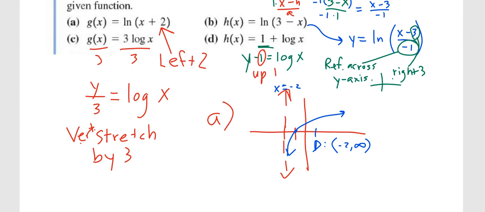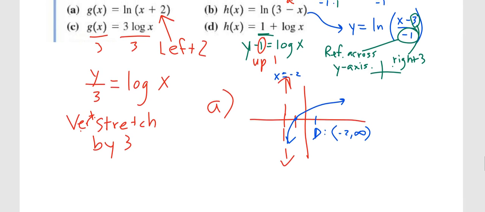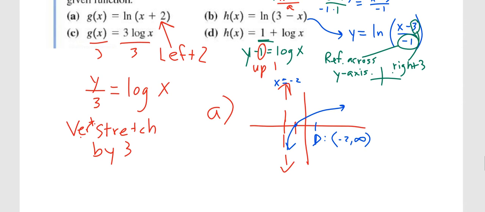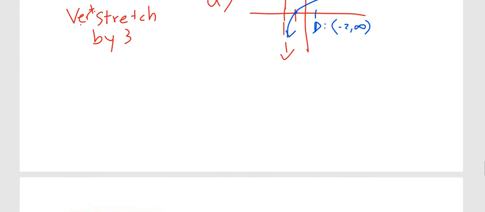Now, letter B is a little bit different, right? Because they're moving right 3 and they're doing a reflection. The truth of the matter is you need to do the reflection first because it's part of the multiplication process. We all know that multiplication comes before addition.